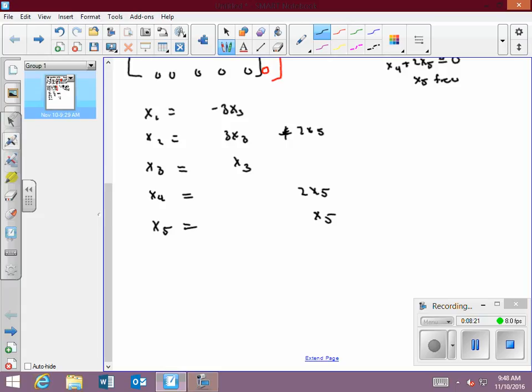I can do this. I can do this as x3 times the vector minus 3, 3, 1, 0, and 0.